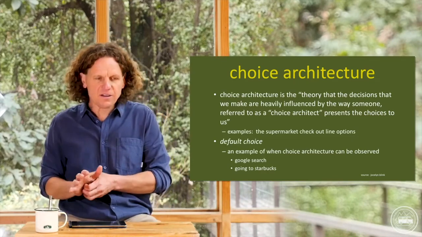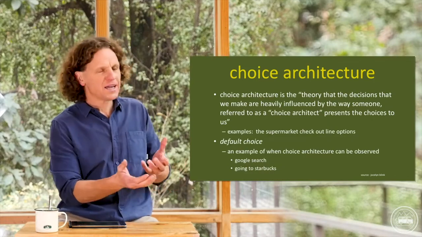What we're talking about here is when you're in the checkout line, and you see something like some candy that you wouldn't normally buy, but you buy it anyway. Somebody decided to set up a structure. They were an architect of a structure that affected the choices that you made. Now, if they put all healthy stuff there, you might have made a healthy choice, right? But they didn't. Or if they put really expensive stuff there, then you might not buy it.